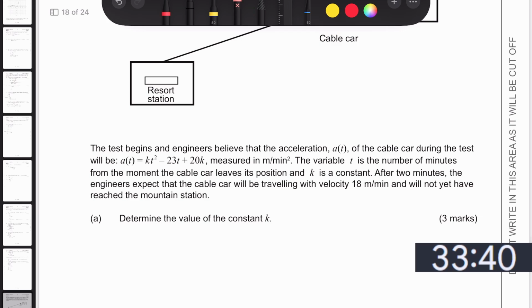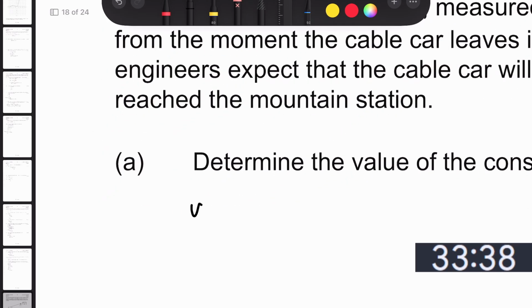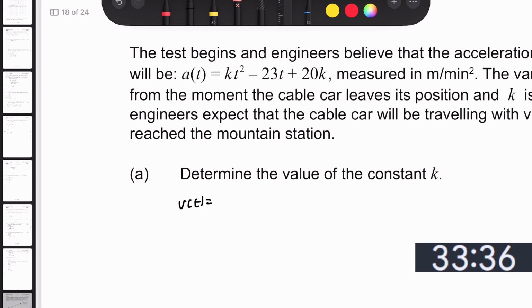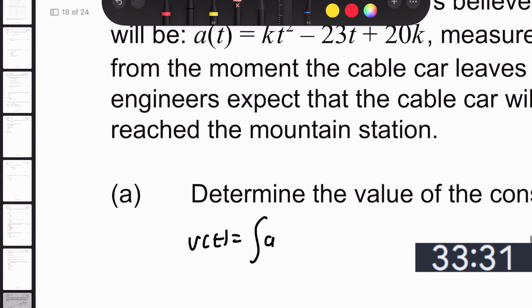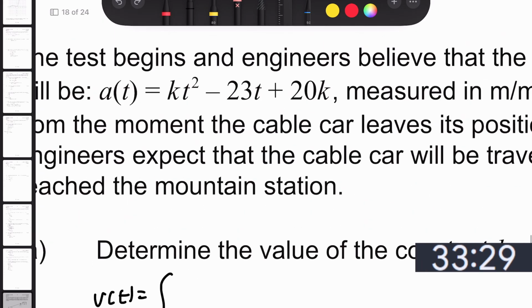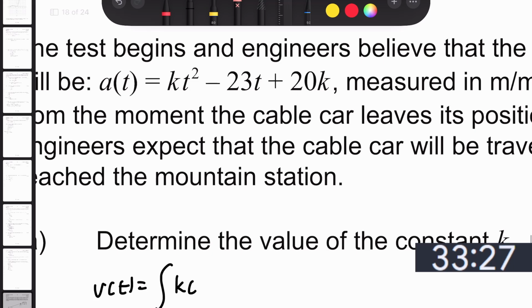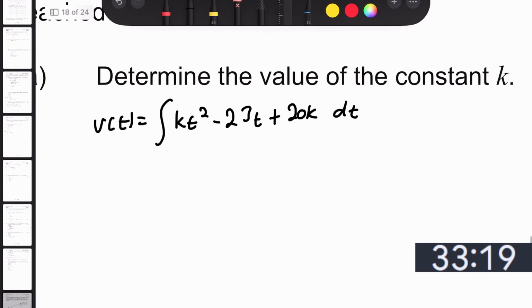Okay, so I get it. So we know that v of t, we're traveling with velocity of 18. So I want to find the antiderivative of kt squared minus 23t plus 20k, with respect to time. So raise the power, divided by the new power.